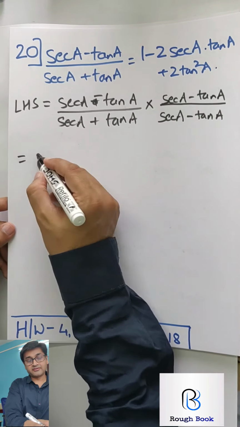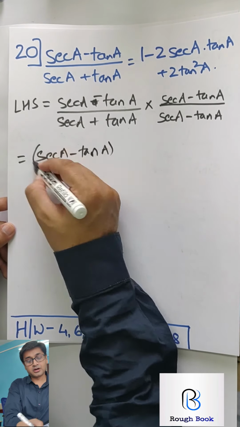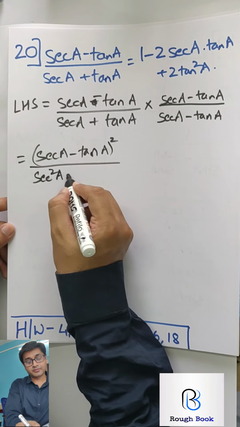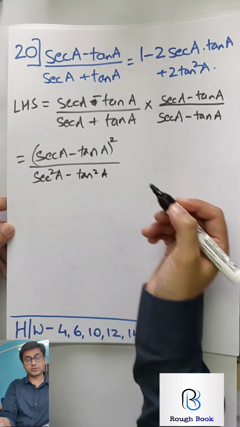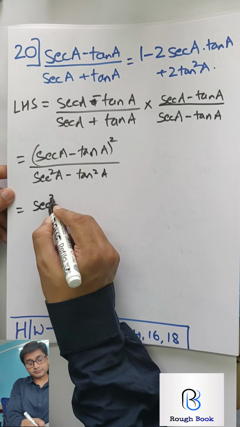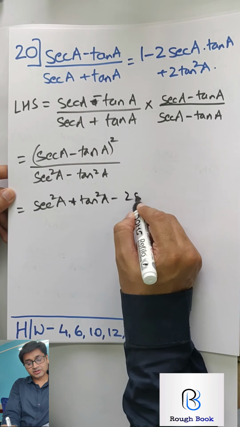So in the numerator I will get (sec A minus tan A) the whole square, and denominator I will get A square minus B square. Now in the numerator I will write A square plus B square minus 2AB.